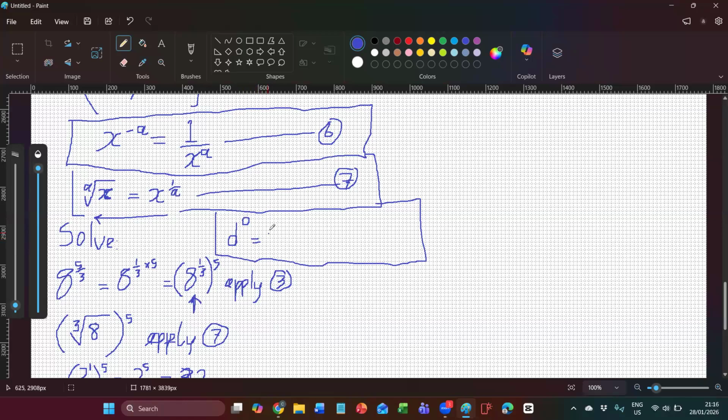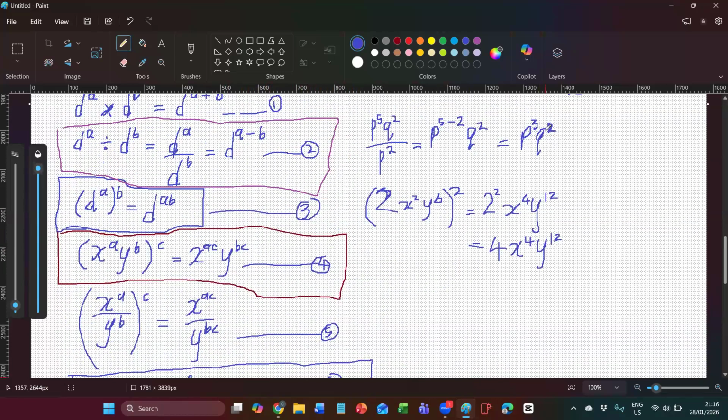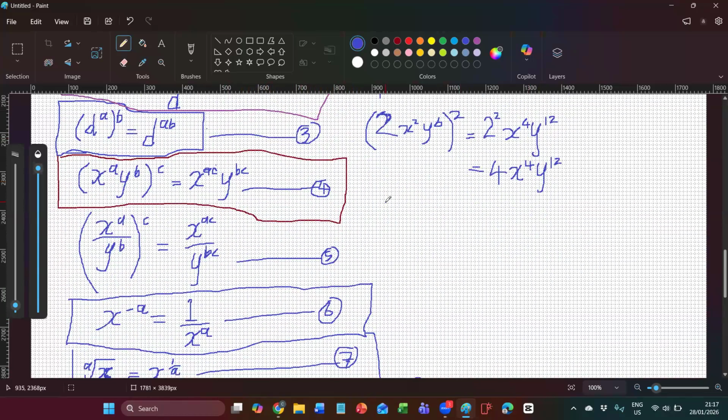Can you see why I said you can't prove it? Who would even think of raising a number to 0? But it happens in indices. So any number raised to power 0 is 1, and any number raised to power 1 is that same number. That's why I said that they are axioms. You don't question them, you just use them. Some people try to prove it, but I feel it's a waste of time. Just know them and use them.